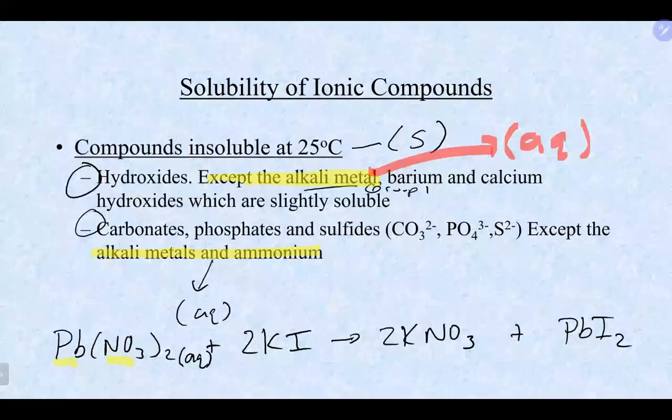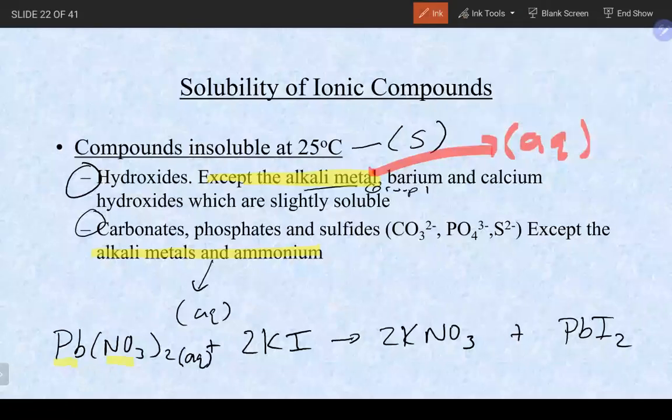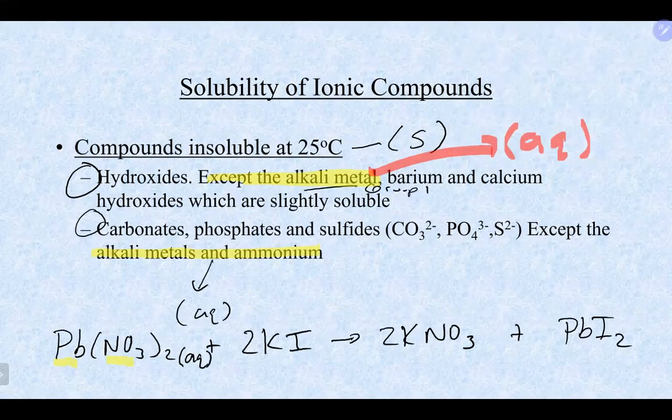When we look at the second one here, we see potassium, which is group 1, which means group 1 from the previous slide is soluble in everything. That frankly is as far as you need to go. But if you weren't convinced, you could go to the I.